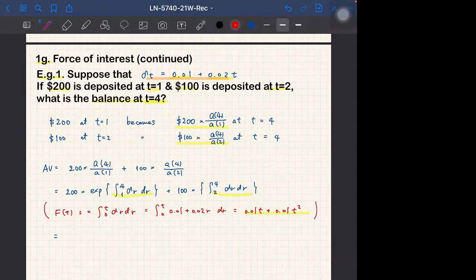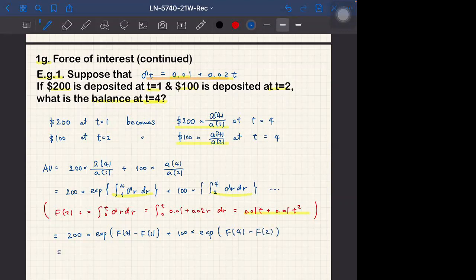Continuing from this line, this becomes 200 times the exponential of F of 4 minus F of 1, plus 100 times the exponential of F of 4 minus F of 2.